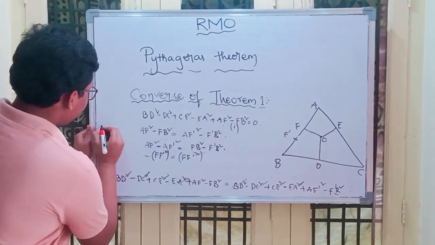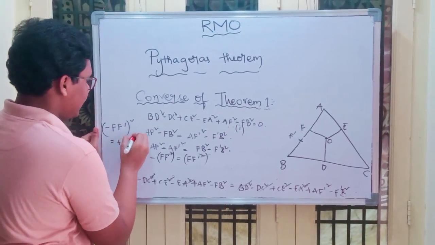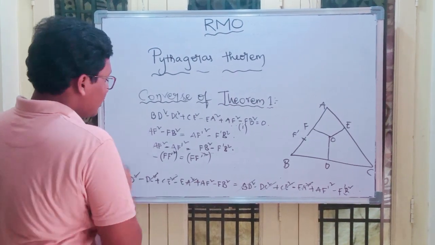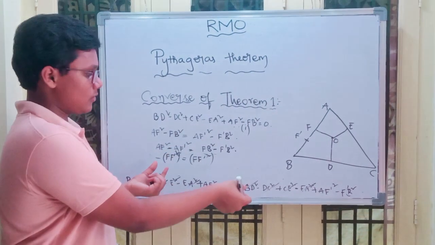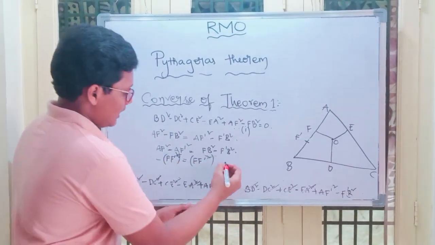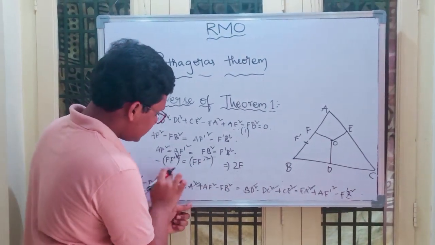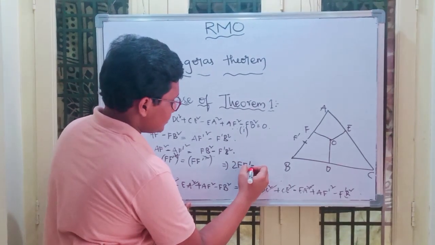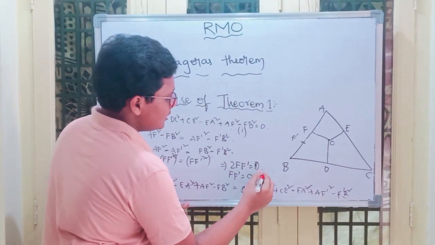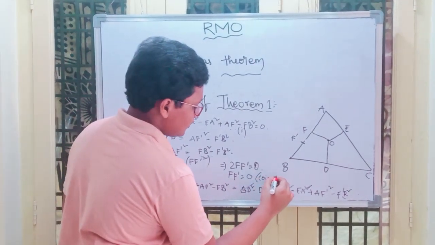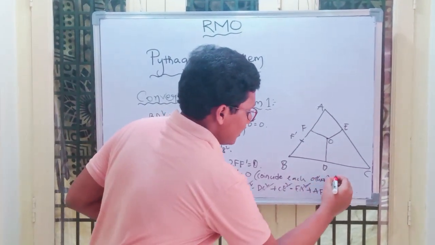If we take minus of FF dash whole square, we would get positive FF dash, but we took minus of the square, minus of FF dash square, so we won't get a positive value. Therefore we'll send this to here: 2FF dash is equals to 0 and FF dash will be 0. They both coincide with each other. Hence proved.